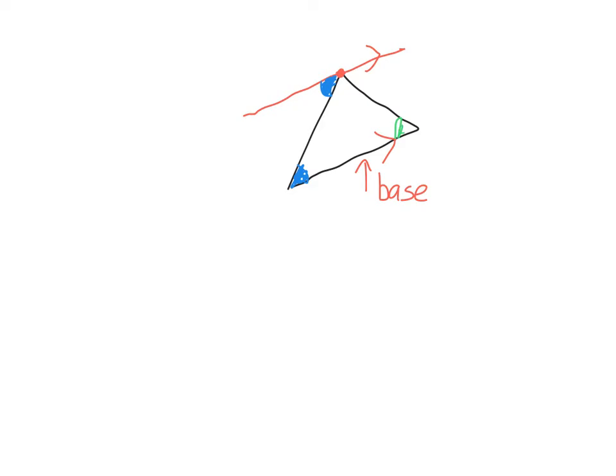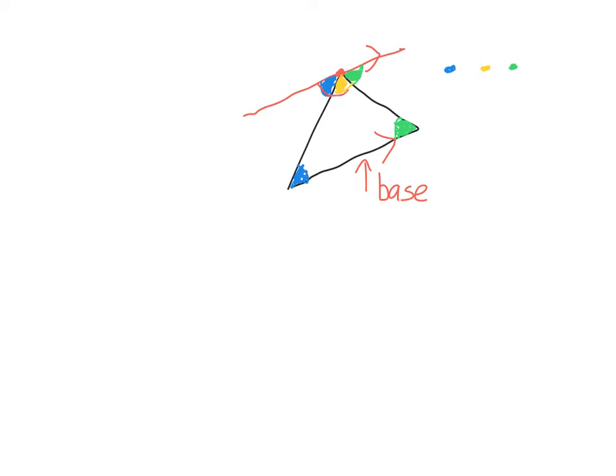Similarly, this angle here and this angle here are equal because they are alternate. And I'm going to call this third angle here the yellow angle. So notice that the blue angle, the yellow angle, and the green angle, they are actually supplementary.